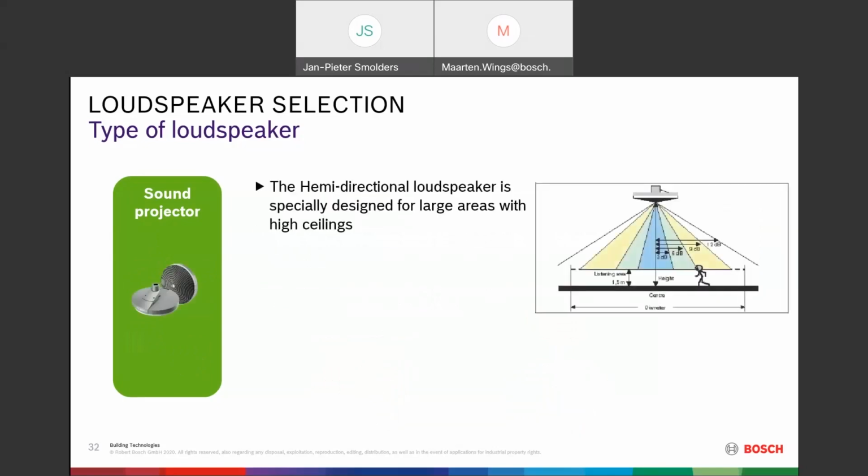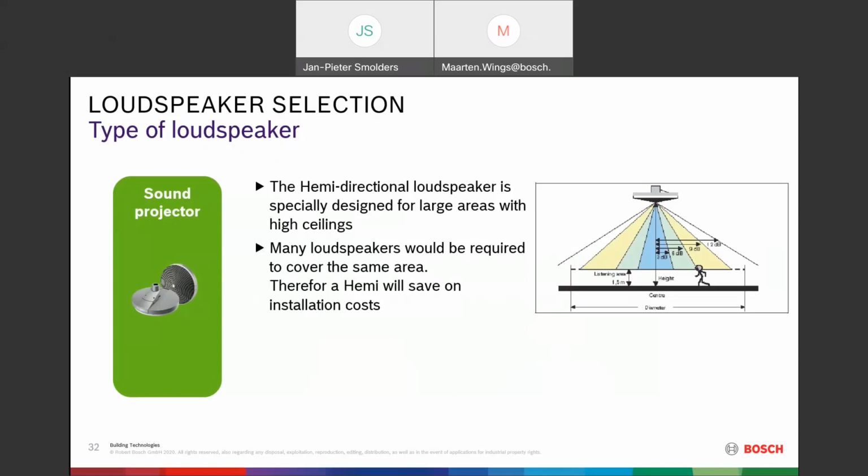And we have a specific sound projector. I already talked about it. This is the Hemi. It will cover a large area. These loudspeakers are really good to use in warehouses, large exhibition halls and things like that.